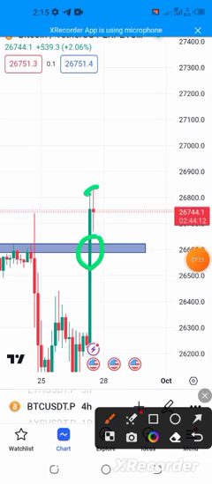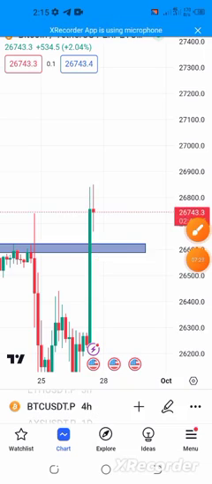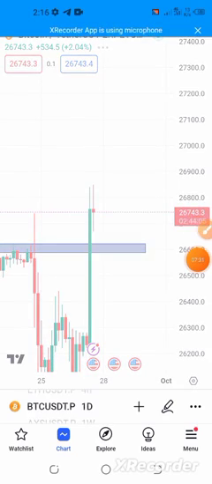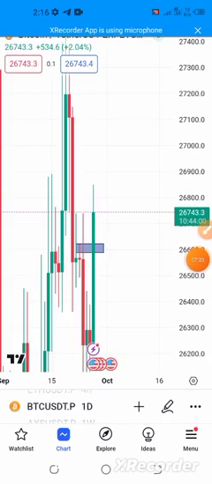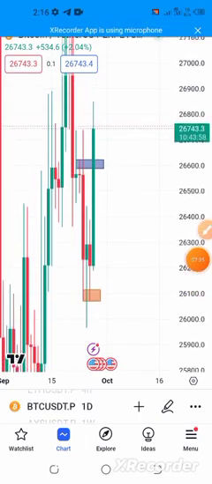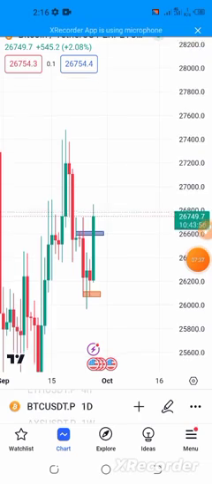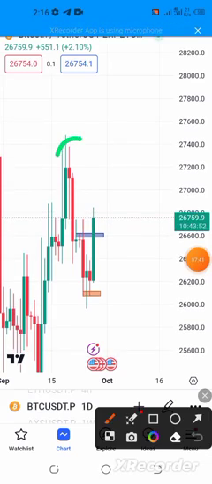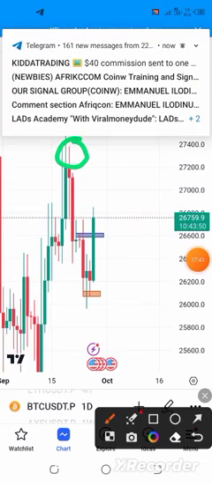So let's check the resistance that is holding BTC from longing. Let me go to daily time frame and use it to check, because daily and weekly will help me to check for the next resistance there. According to daily, this is a resistance here, one, but I believe there are stronger resistance.